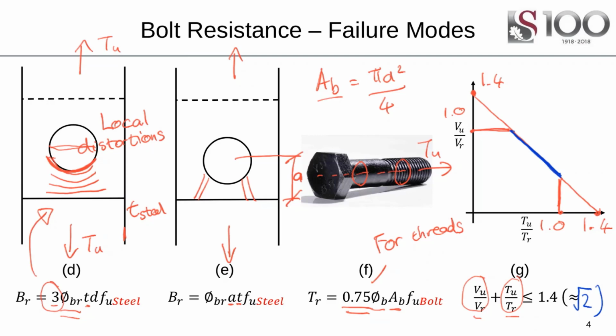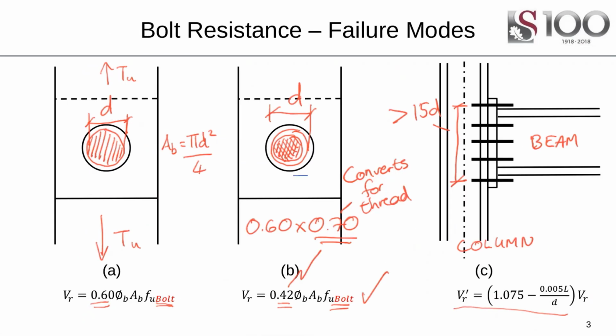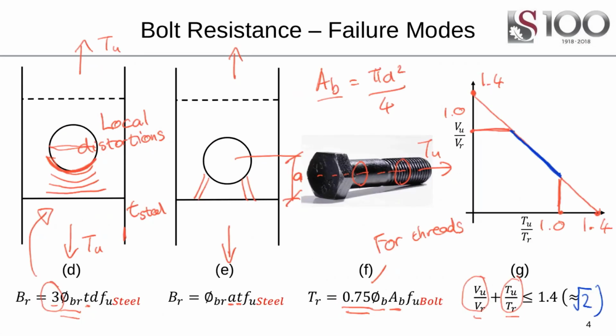Okay. Hopefully that's given you a bit of an overview of the different failure types. Once again, either we have the bolt itself failing or the steel failing, and any of these could govern. So you would want to find the minimum of those, be it bearing resistance, be it edge distance, be it shear resistance. Any of those could govern.